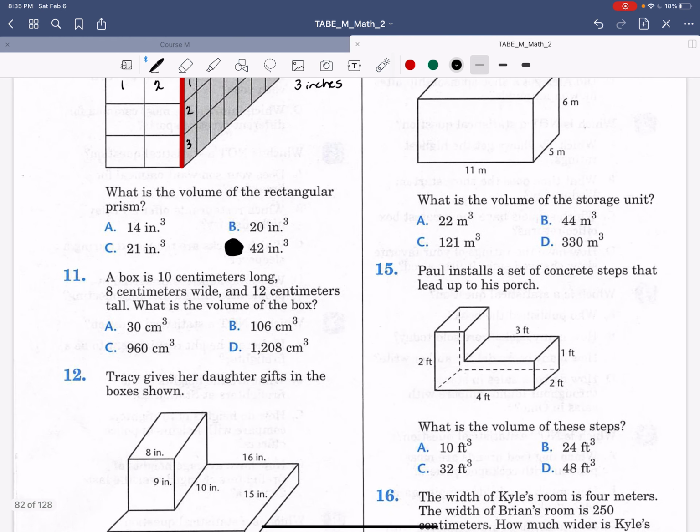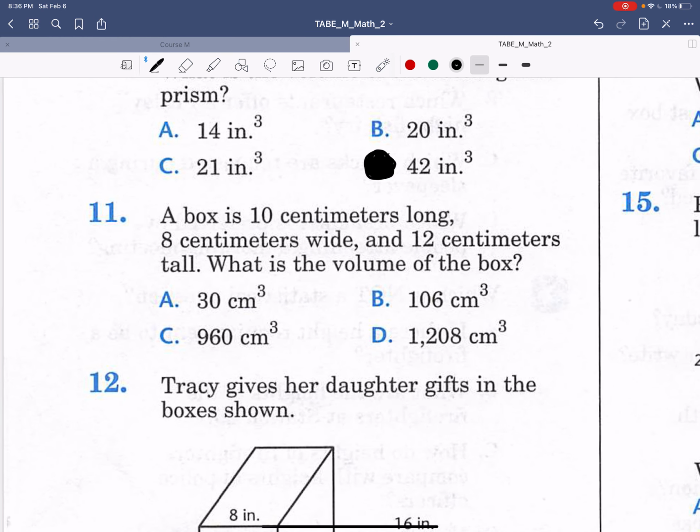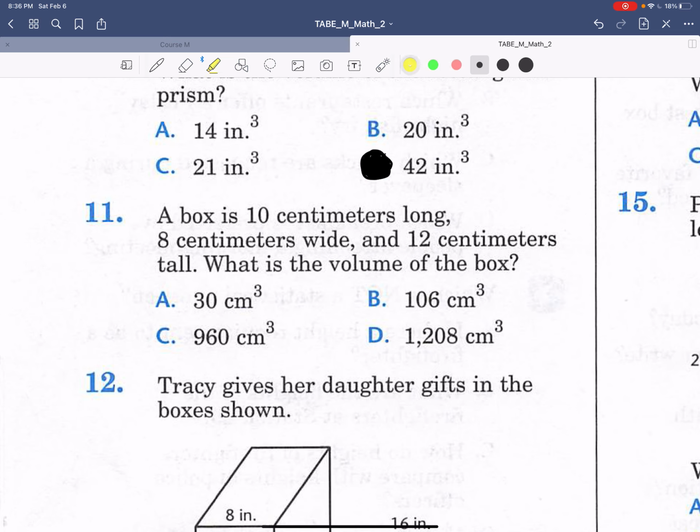Number 11. A box is 10 centimeters long, 8 centimeters wide, and 12 centimeters tall. What is the volume of the box? So V equals LWH.